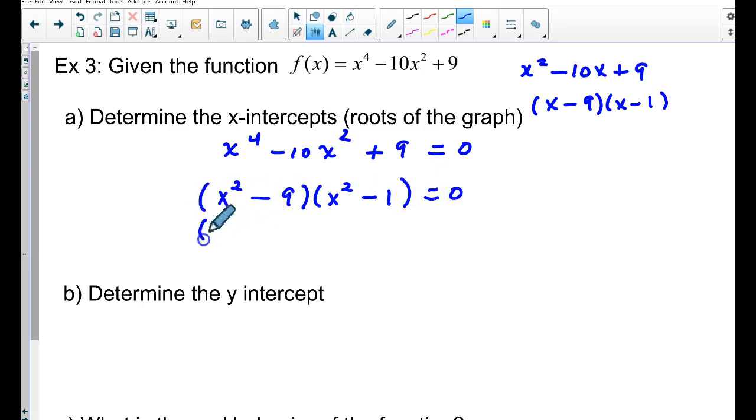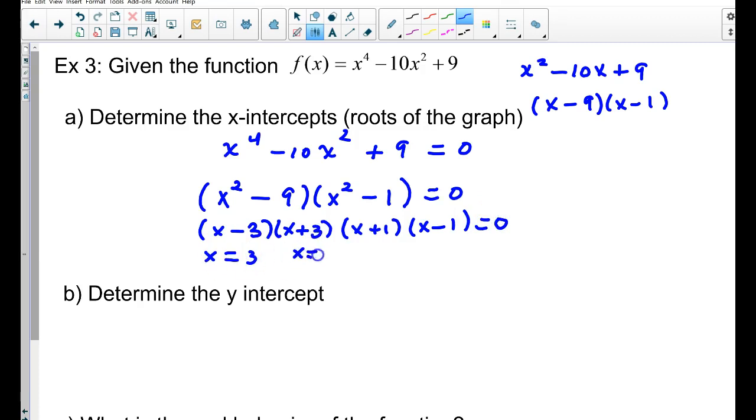We can factor this further to x minus 3, x plus 3, and the second factor to x plus 1 times x minus 1. So therefore our zeros, all with multiplicity of 1, are 3, -3, -1, and 1.